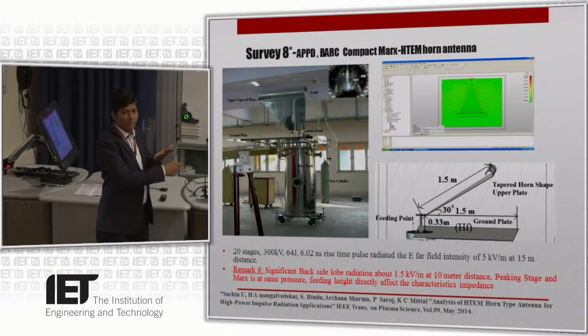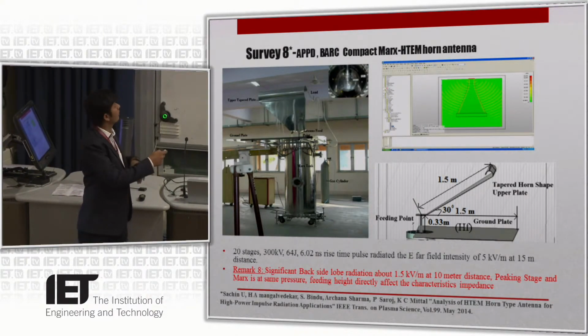This is the ground plane, and the second one is a tapered plate. This plate is terminated by a copper sulfate load, which is a very low inductive load. If you observe this picture carefully, it is a spark gap switch having a Rogowski profile. But initially we faced a problem: the spark gap and Marx tank were at the same pressure, and because of this the capacitor tank was not able to handle 2 kg and higher pressure.